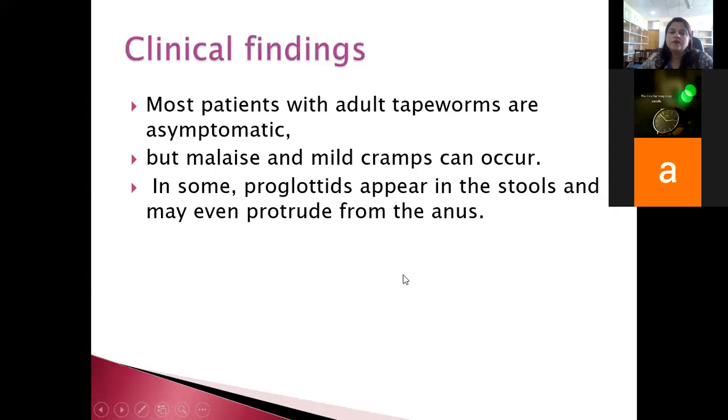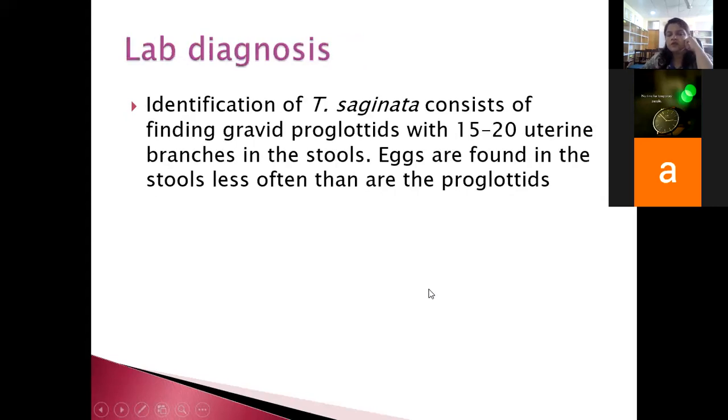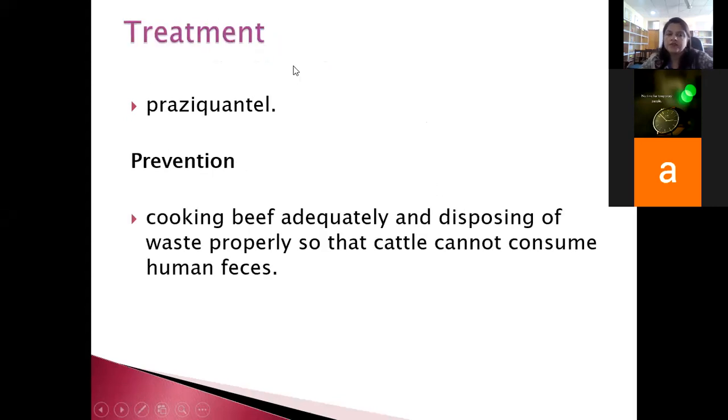Sometimes proglottids appear in the stools and may even protrude from the anus. Diagnosis is the same: eggs may be found or gravid proglottids will be present, with 15 to 20 uterine branches, while in solium they have 5 to 10 branches. Treatment is the same, praziquantel, and prevention is the same. You should cook the beef properly and dispose of the waste material properly so that the cattle cannot consume human feces.